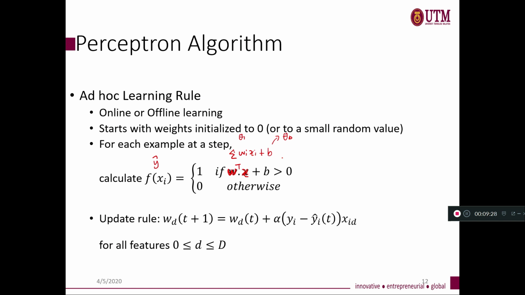So this is the learning process in the perceptron algorithm, where if you want to predict y here, then y is equal to 1 if this linear function is more than 0. Else, on the negative side, it becomes 0.